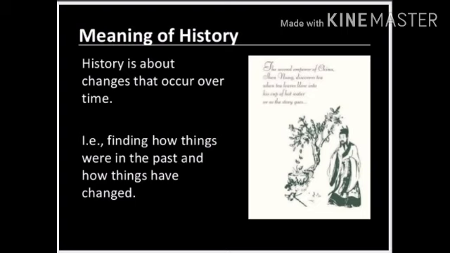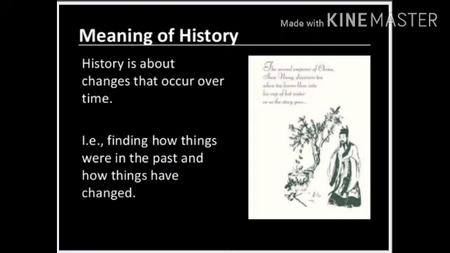Meaning of history. Many scholars have described history in their own way, but once again I am telling you, history just tells us about our past. History is about changes that occur over time. For example, finding how things were in the past and how things changed.